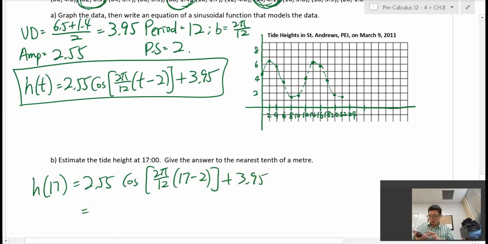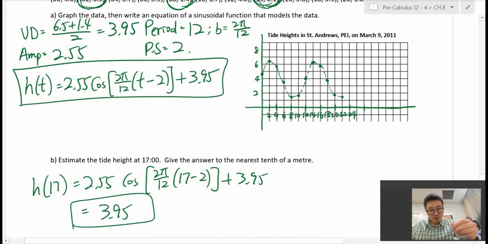So 17 minus 2 is 15, times 2 pi, divided by 12. I have a feeling that this is a special triangle again. We take the cosine of that. Well, that's 0. So times 2.55, that's 0, plus 3.95, that's right here, 3.95.